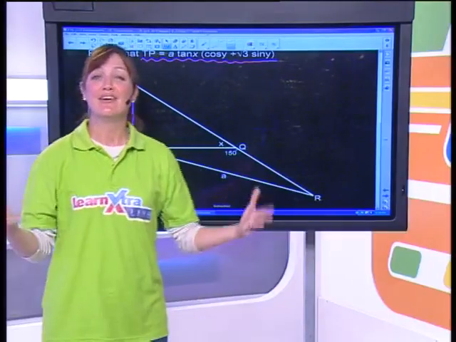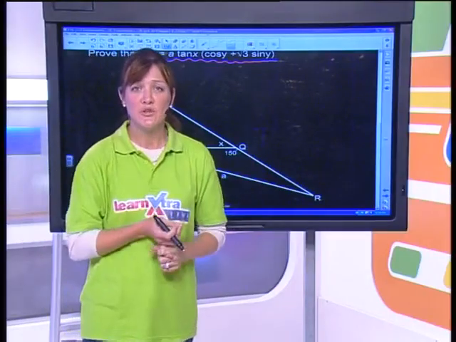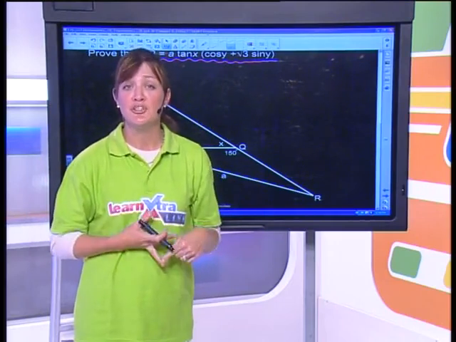Okay, so let's go through our steps. Step number 1, you've read your question carefully and taken note of everything that they've told you. Step number 2, fill in any missing angles.